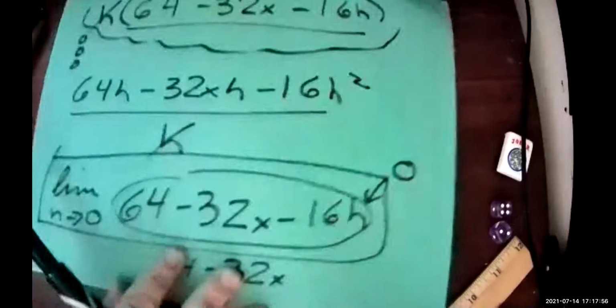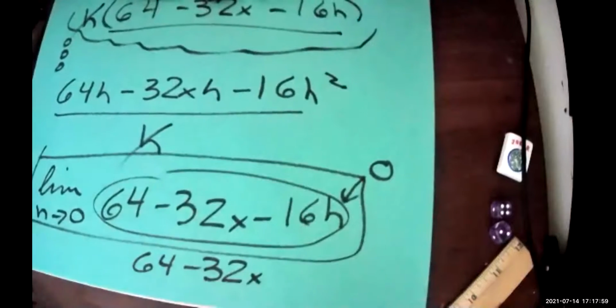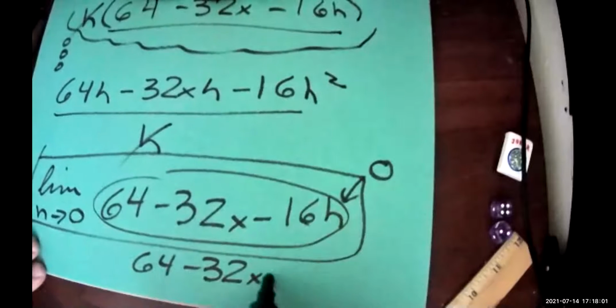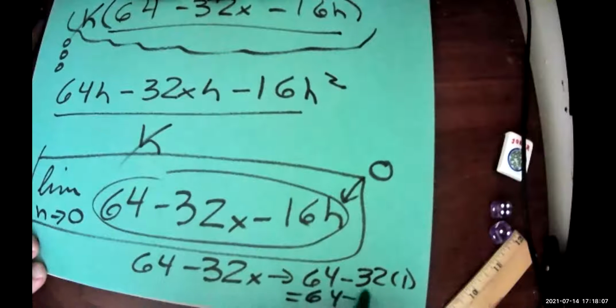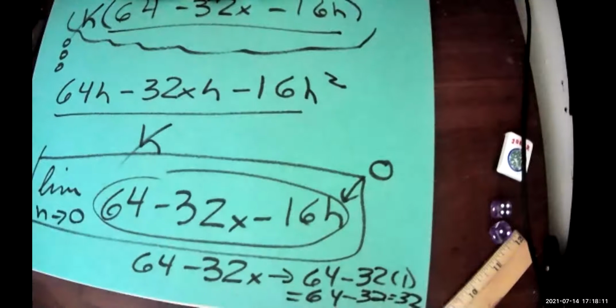So now, what happens when x equals 1? If x equals 1, this becomes 64 minus 32 times 1, and that would be 64 minus 32, and that would be 32. The solution would be 32 for that one.